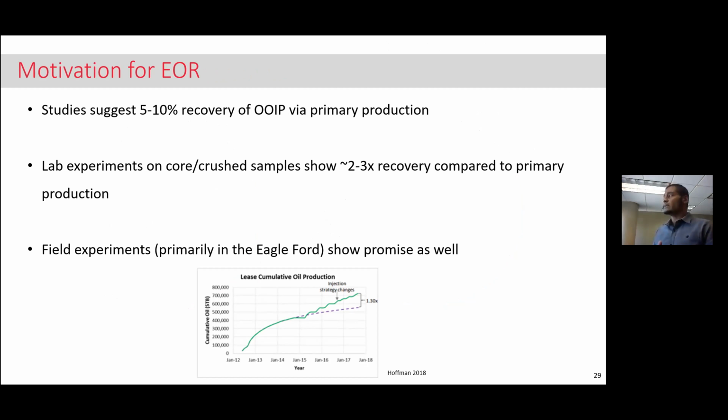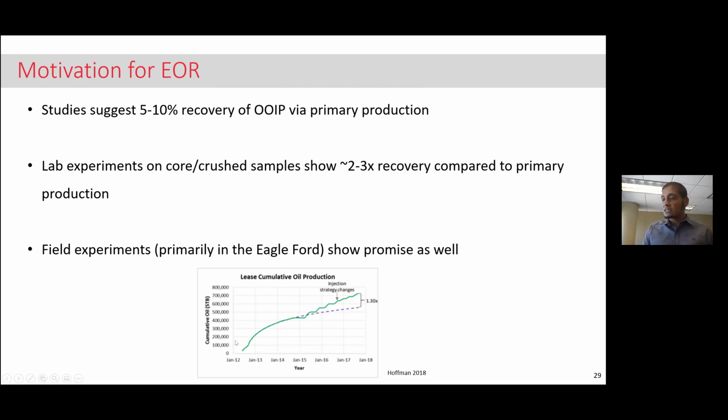In unconventional shales, it's something that's become important more recently, over the last, I'd say, 5 to 10 years, just because, as I mentioned earlier, we only recover about 5 to 10% of the original oil in place via primary production, and we're leaving all of the heavier stuff behind. And we're leaving 90% of the oil behind. So it motivates us to begin to start injecting lots of the gas that we're producing back in the ground and trying to recover more of those hydrocarbons.